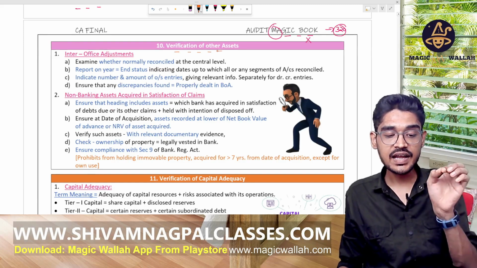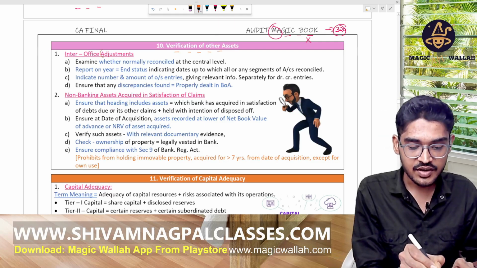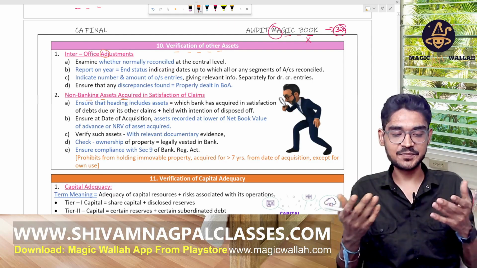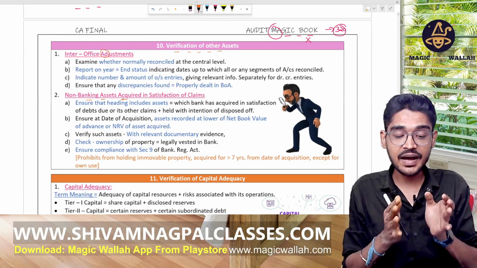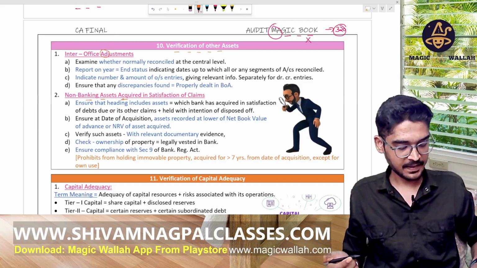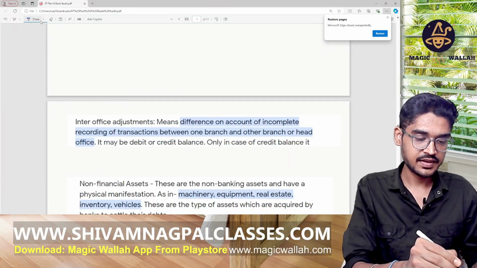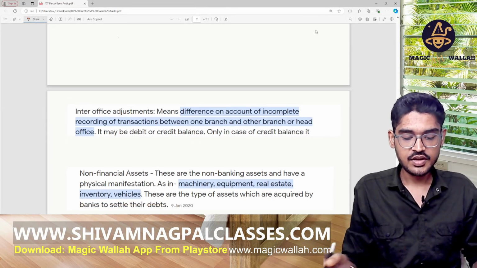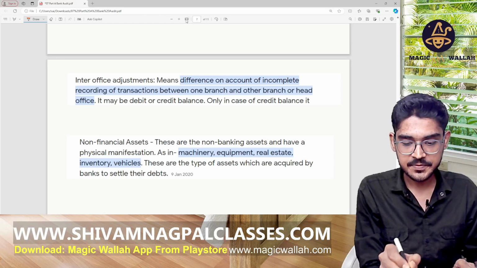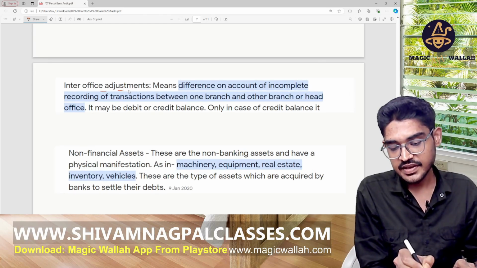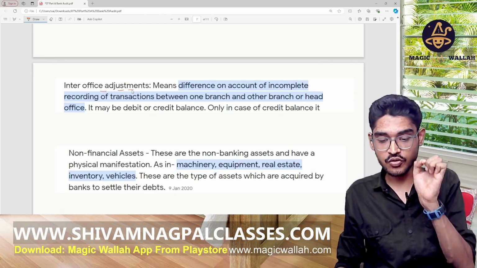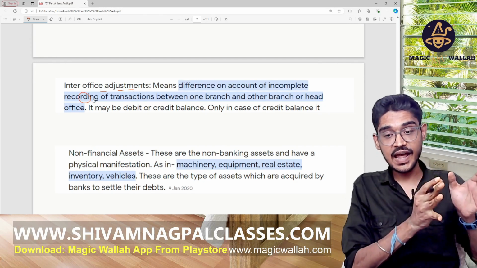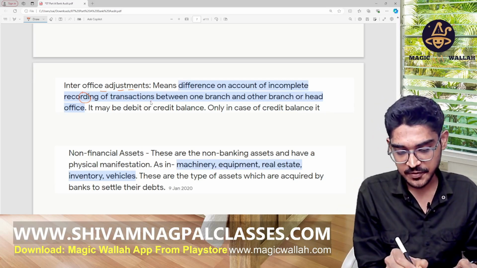It will cover the inter-office adjustment or the non-banking assets acquired in the satisfaction of the claim. So let's understand what we mean by inter-office adjustments. The inter-office adjustments mean the difference on account of incomplete recording of transactions between one branch and another branch or the head office.